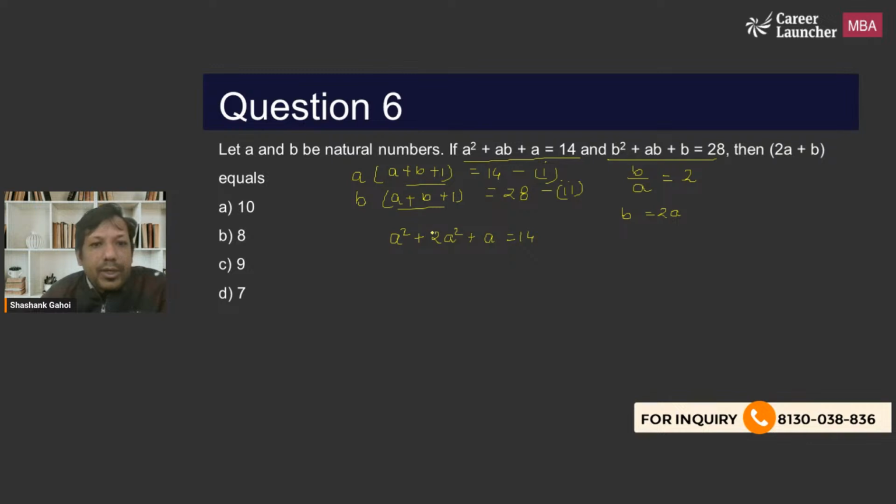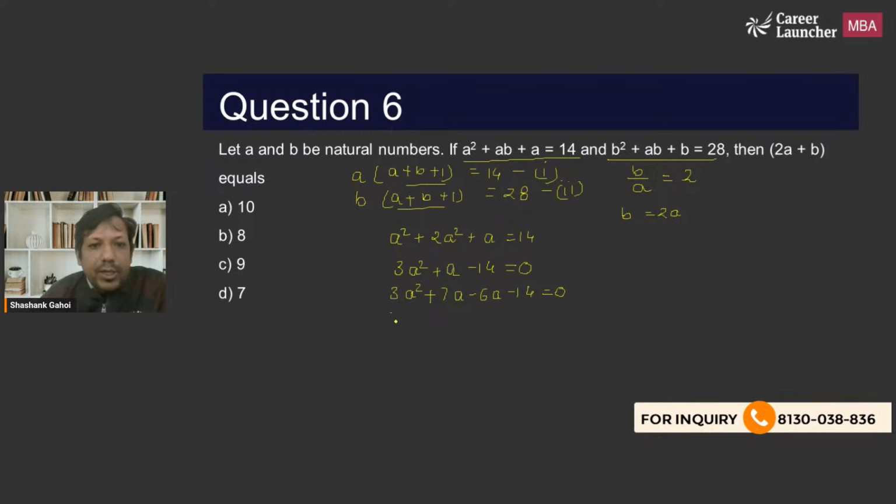So I'm going to get 3a square plus a minus 14, and that's equal to 0. So I will be getting, this is going to be 6 and 7. So 3a square plus 7a minus 6a minus 14, and that's equal to 0.